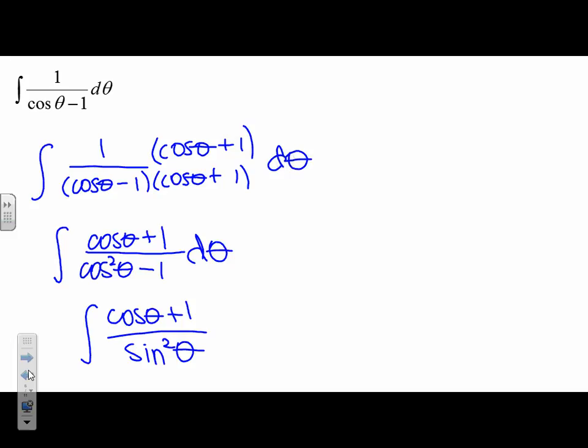Would it? Because cosine squared plus sine squared is equal to 1. So if you were to flip the 1 to the other side, that would give you cosine squared minus 1, and then if you put the sine on the other side, that would give you a negative sign. So do you agree it should be negative sine squared? Good catch.